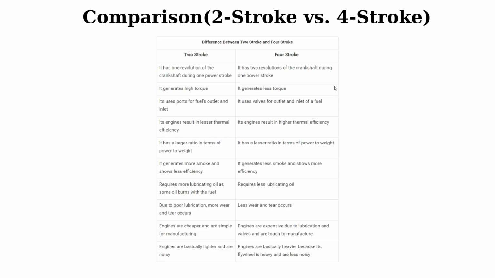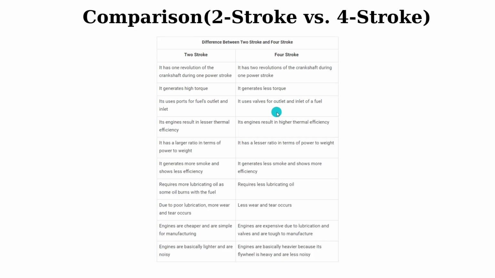Each stage happens independently and in a more controlled manner. Because of this, the two-stroke engine works faster, but the four-stroke engine works more systematically, slower than two-stroke.